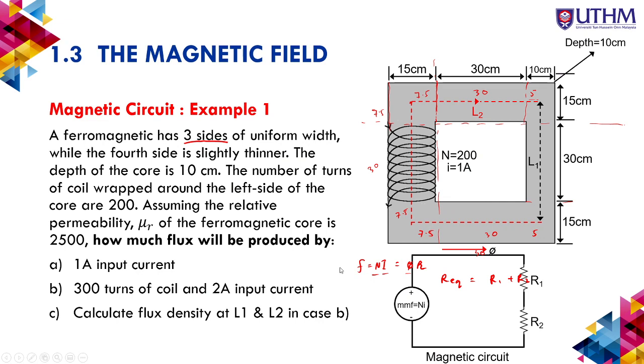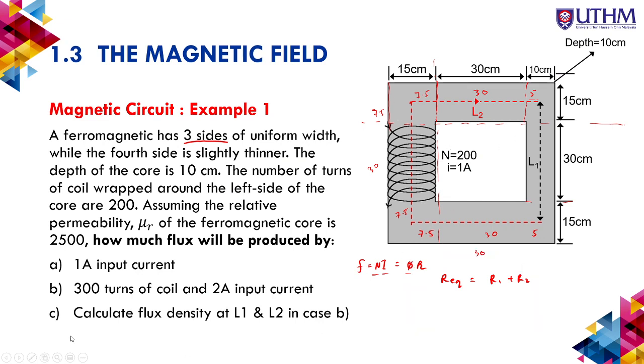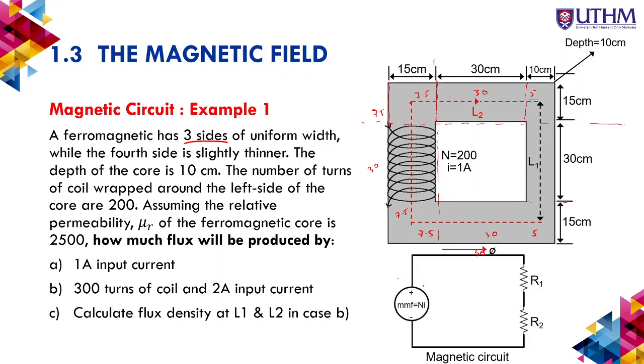So from here, wait, I erase a few things. From this mechanical diagram, we translate to the magnetic circuit. So what we can get is like this.